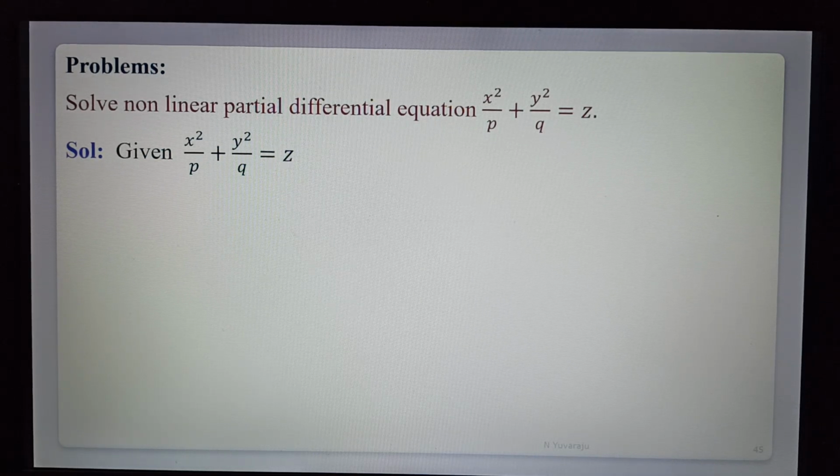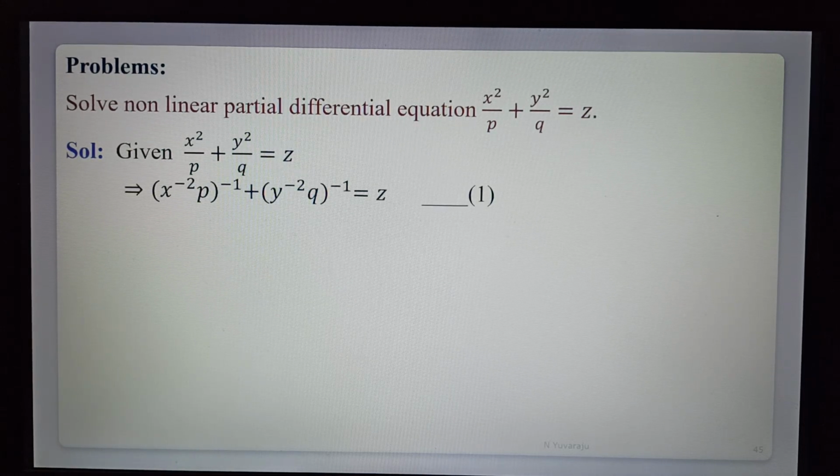Here p can be written in the numerator and q can also be written in the numerator. So it can be written as x power minus 2 into p whole power minus 1, because the equation must be of the form x power m into p, where the power of p must be 1, and y power n into q power 1.